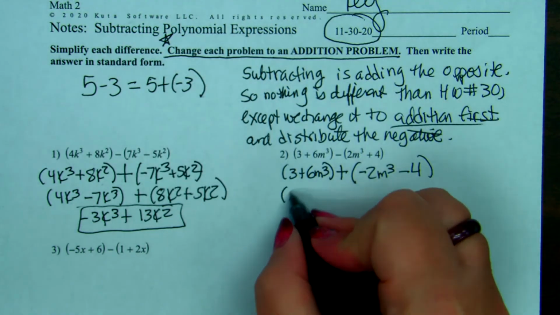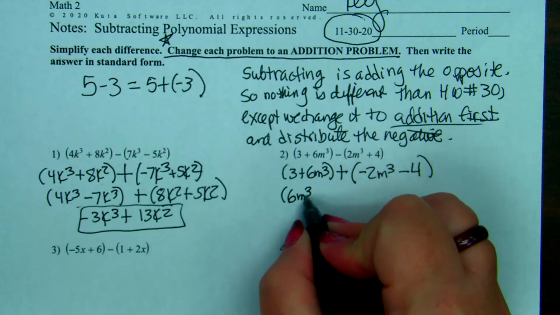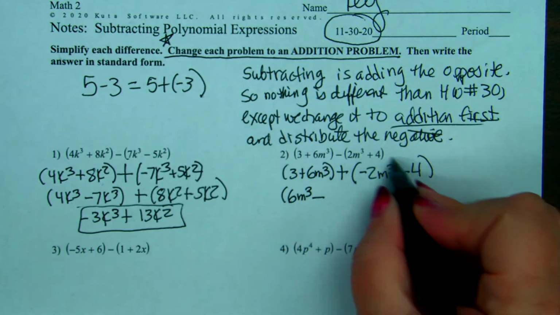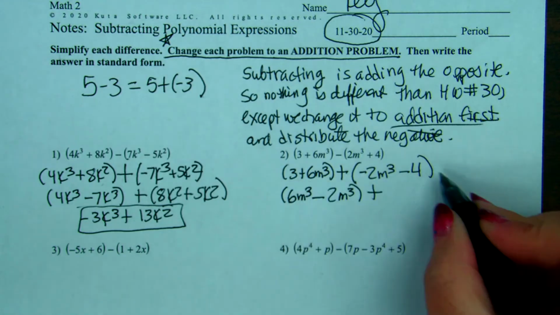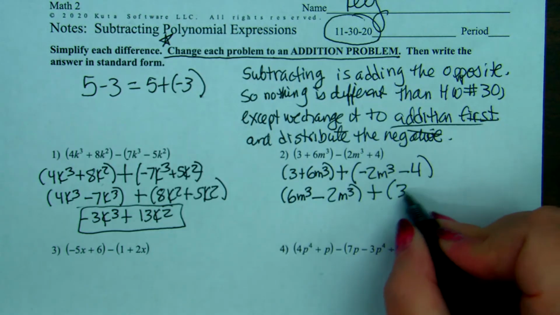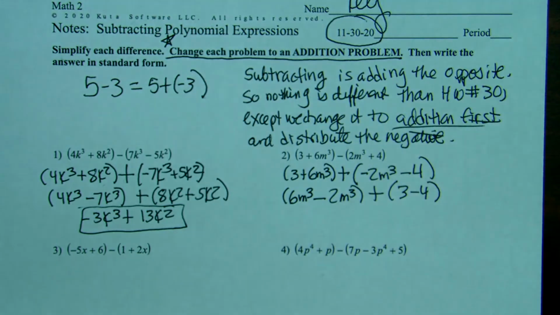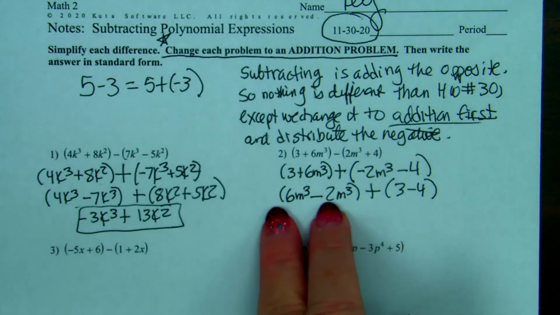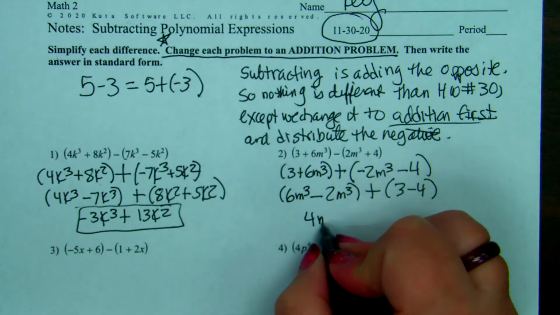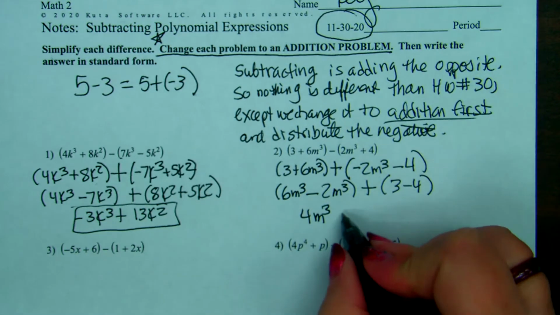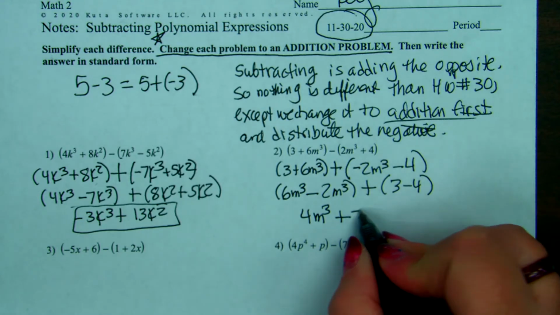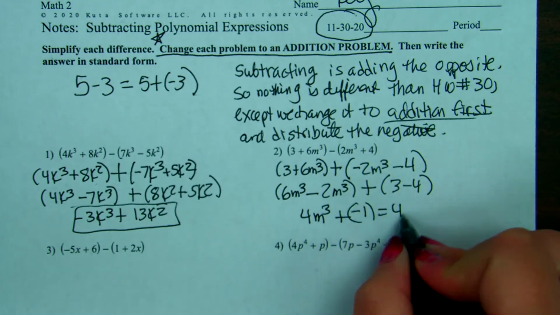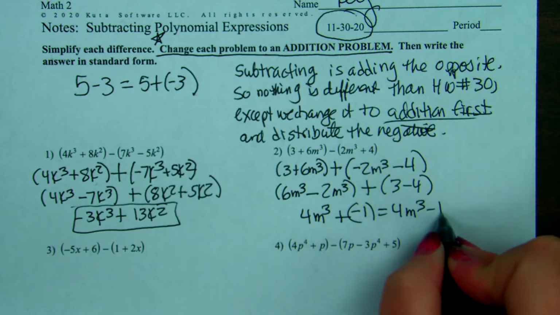So we have 6m cubed and a minus 2m cubed plus a 3 and a negative 4. So when we combine the coefficients, 6 minus 2 is 4m cubed plus negative 1, or you can write 4m cubed minus 1. They're the same.